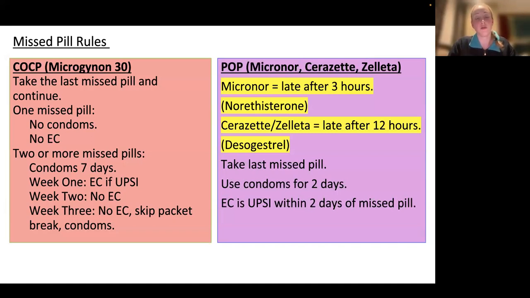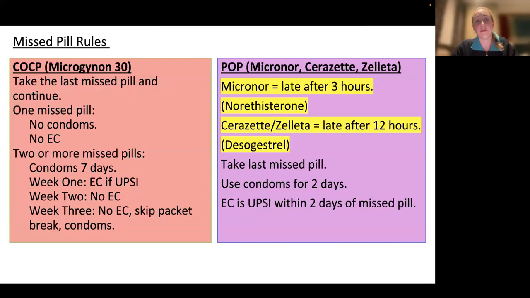But if there are two or more missed pills, that's when you need to work out what week someone's in, and that determines what you tell them to do. For everyone, you would generally say use condoms for 7 days. But if someone's in week 1, you might need to give them emergency contraception if they've had unprotected sexual intercourse.